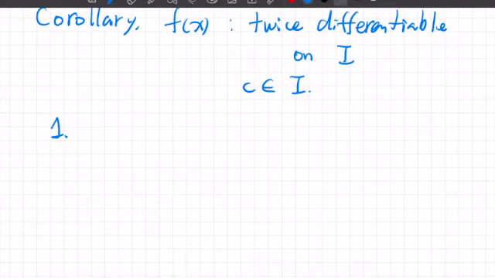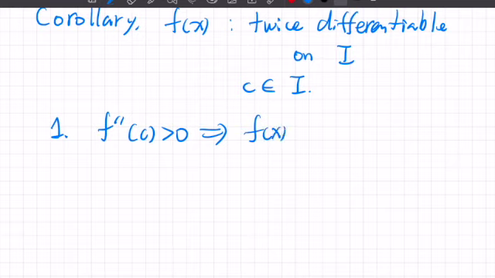Then first, if f double prime of c is positive, then f of x is convex at c.